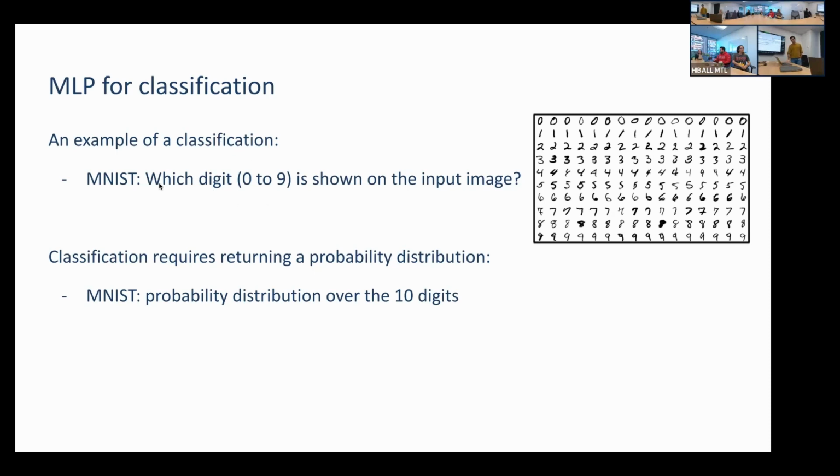It's a classification problem. The output of the network should give us a probability for each category of digit, right? So I will show the network an image of 0, and then it should give me a probability of how likely it is 0 or 1 or 2 or 3, etc. So this is the classification problem. It's a very basic example of classification.